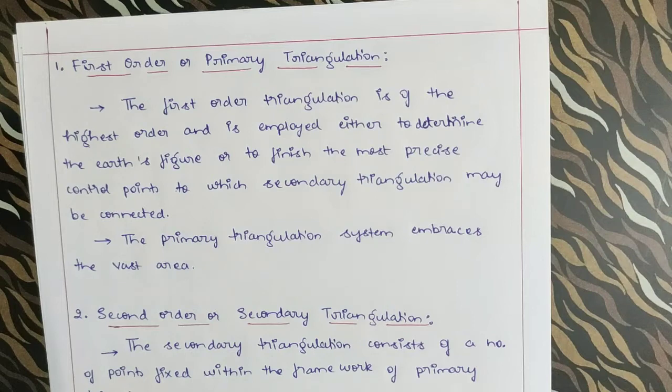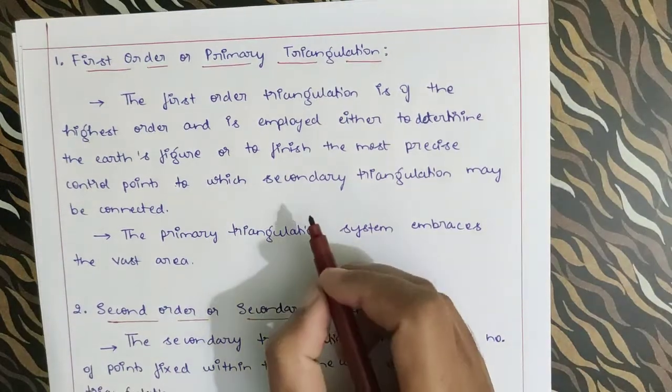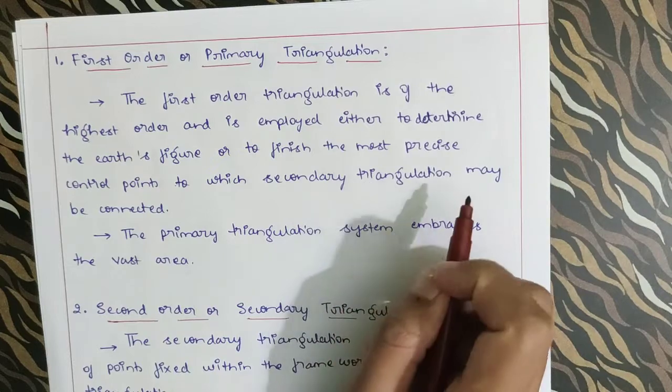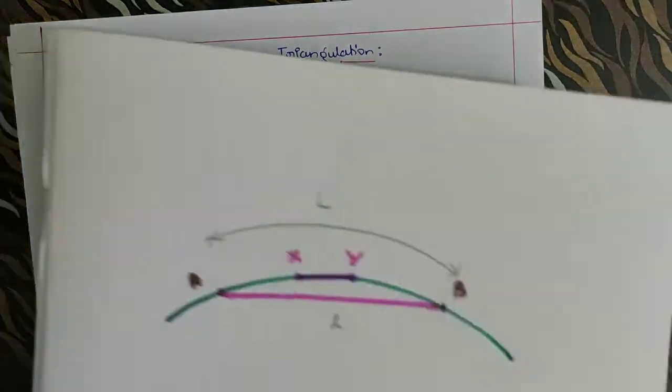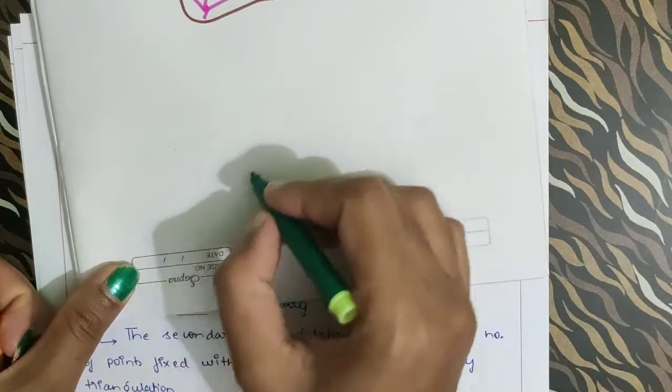So let us see how secondary triangulation may be connected with primary triangulation or first order triangulation. As I said, this first order triangulation is used to cover a very large area.